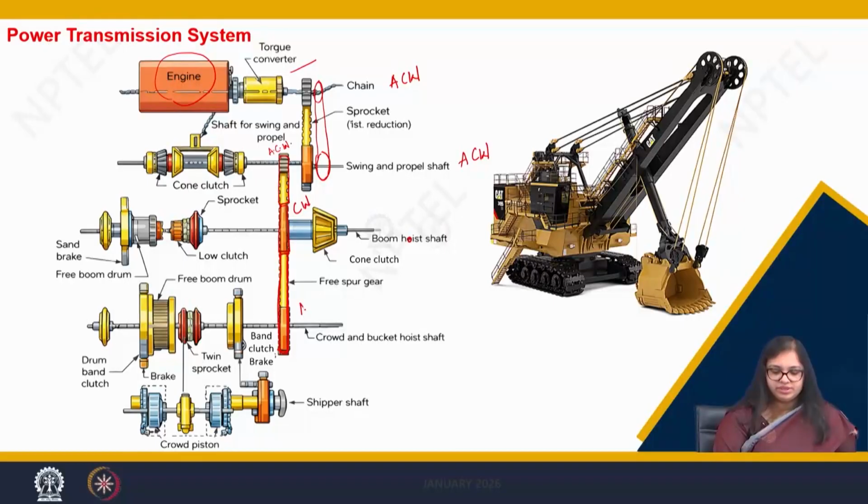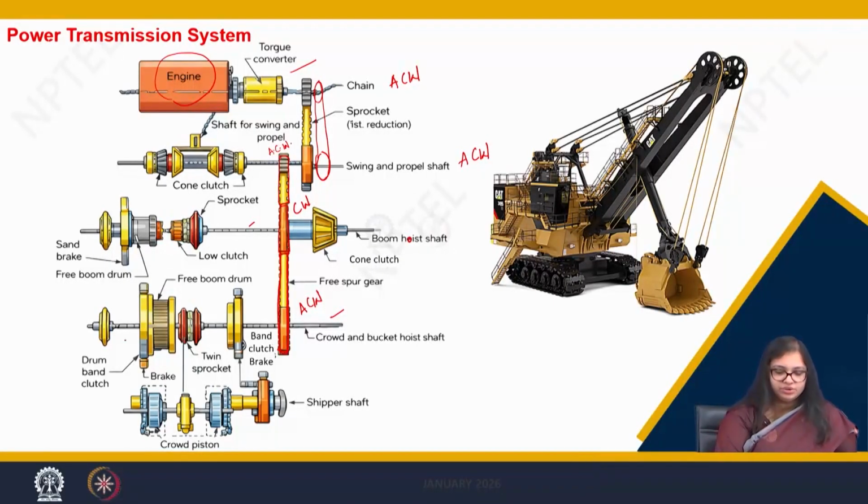Since the boom hoist gear is rotating in clockwise direction, this gear will be rotating in anti-clockwise direction. Since this gear is rotating in anti-clockwise direction, my crowd and bucket hoist shaft will also rotate in anti-clockwise direction.